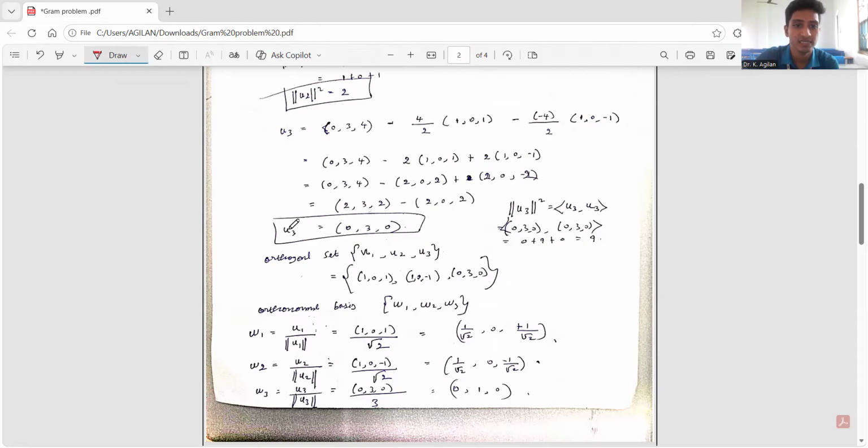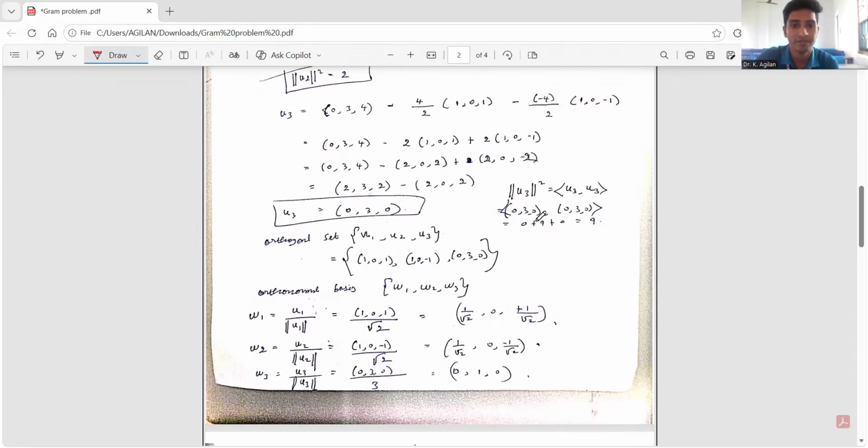The final answer is U3 equal to 0 comma 3 comma 0. Actually, in this PDF there are some mistakes.